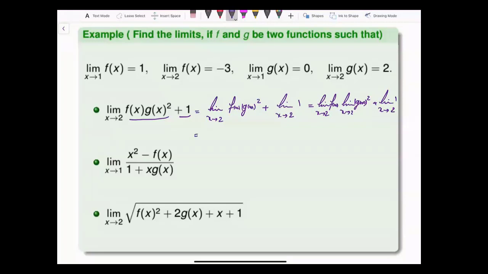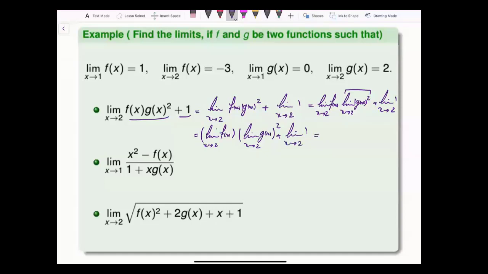And here, you can either consider it as g(x) times g(x), or you can consider another law, which is called the power law. And this is telling me that this will be the limit of f(x), times the limit of g(x) squared as x approaches 2, plus the limit of 1 as x approaches 2.